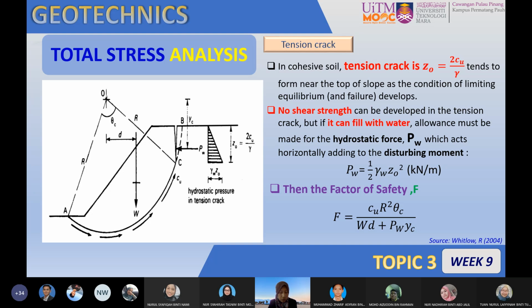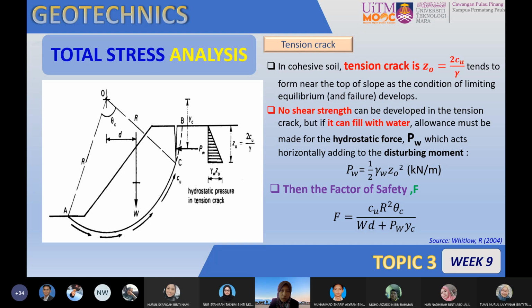So there is no shear strength that can be developed in the tension crack, but it can be filled with water. Allowance must be made for hydrostatic force Pw, which acts horizontally, adding to the disturbing moment. So this time you can see that Pw times yc is another component in this formula for the disturbing moment.